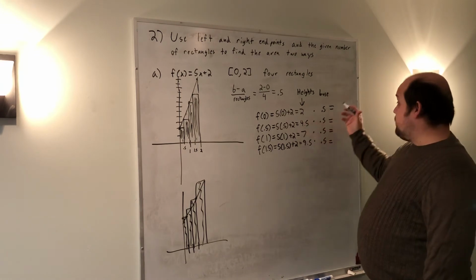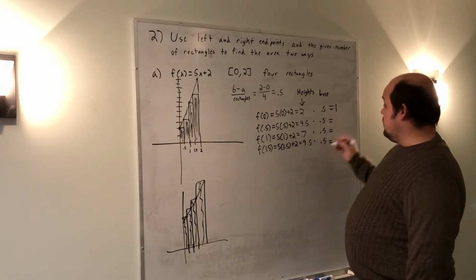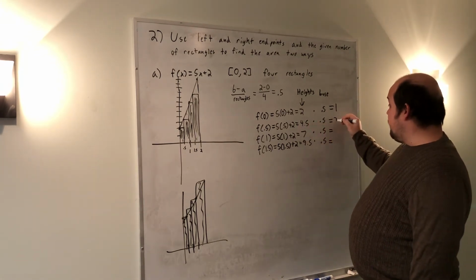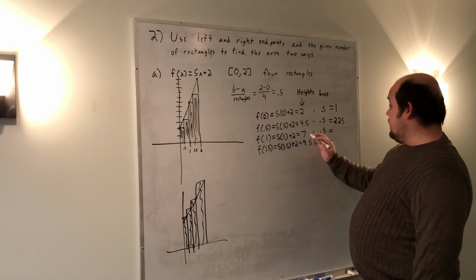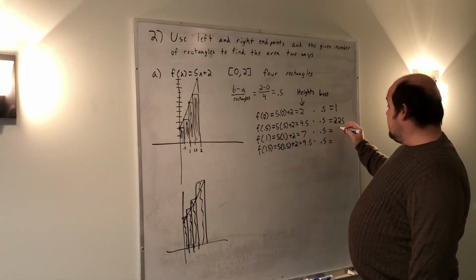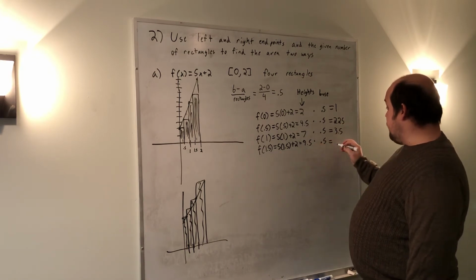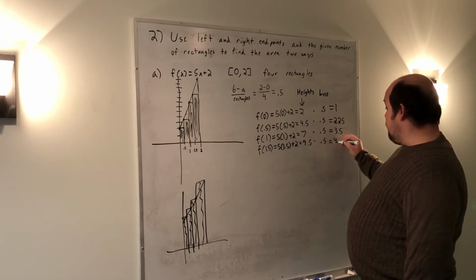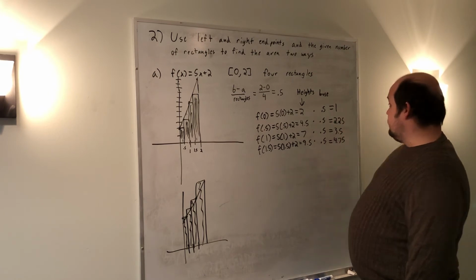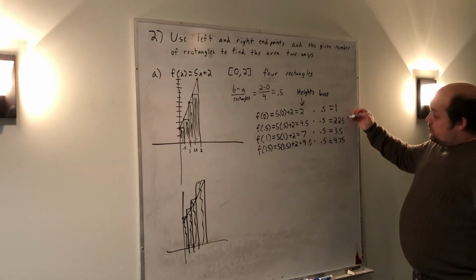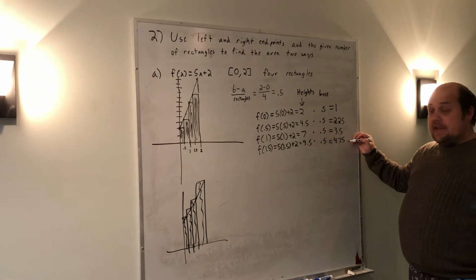So 2 times 0.5 gives me 1. 4.5 times 0.5 gives me 2.25. 7 times 0.5 gives me 3.5. And 9.5 times 0.5 gives me 4.75. These are the individual 4 left-sided rectangle areas.